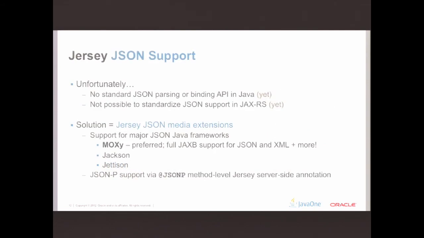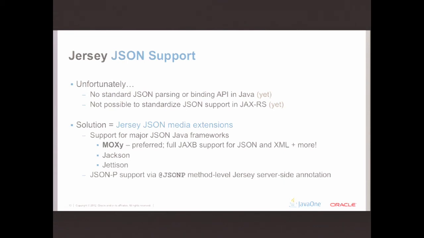So again, unfortunately, there is no standard JSON parsing and binding API in Java yet. It's coming. There will be a parsing API introduced in Java EE 7, there will be. I was told that "will be" is the right English phrase for something that may not happen again.